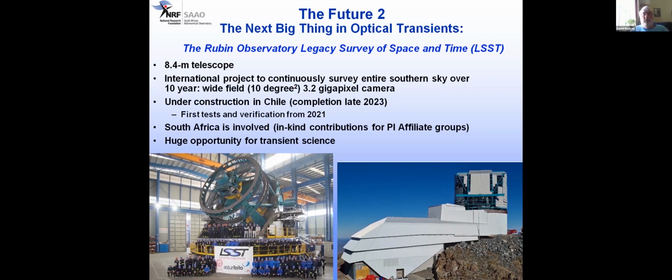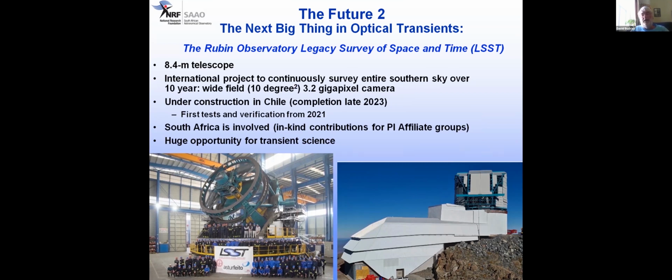You'll probably have seen that South Africa's involvement in this has stepped up because of support for our in-kind contribution to the LSST follow-up, by offering various facilities to do follow-up with, like SALT and the smaller SAAO telescopes.